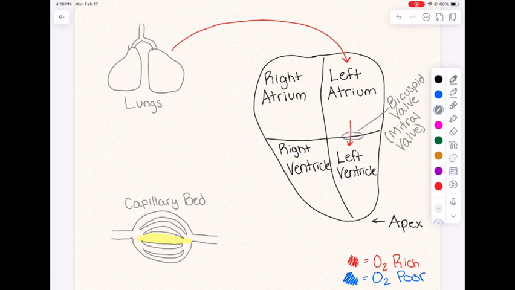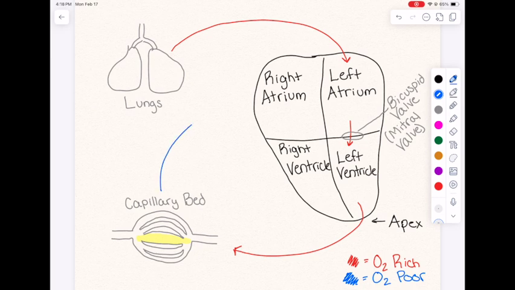So after the oxygen-rich blood passes from the left atrium to the left ventricle through the bicuspid valve, that oxygen-rich blood is going to be pushed out to the capillaries of our body. This way our tissues can get all of the nutrients and oxygen that they need in order to survive and function.